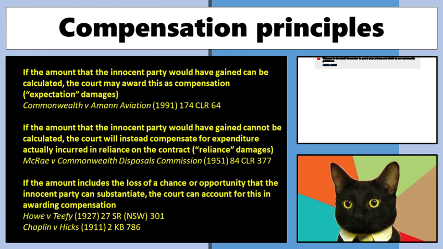And that is going to be, in most situations, putting you back to where you were. If you can calculate it, and again, Commonwealth and Amann Aviation was a case where guys had a bunch of charter planes or helicopters, I think it was, where they had basically expected the Commonwealth, who had given them a few contracts, to give them a whole bunch more contracts afterwards.